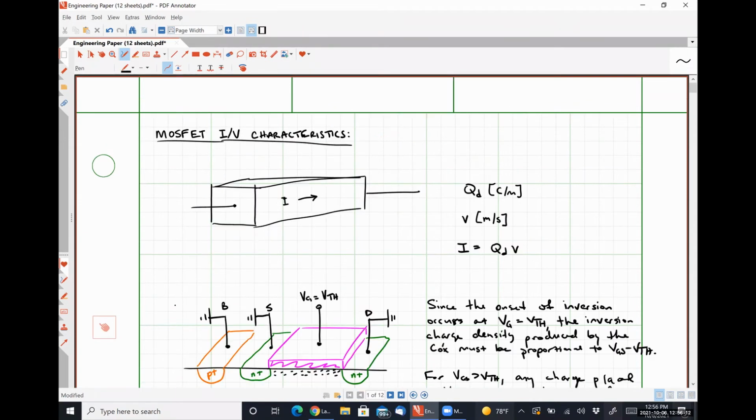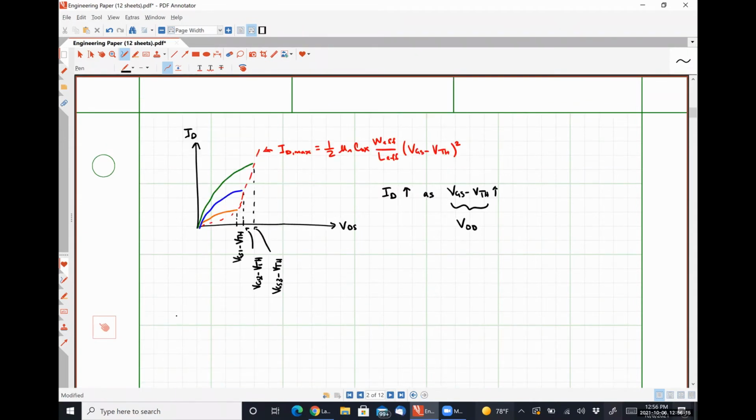So when VDS is less than or equal to VGS minus VTH, we say that the transistor operates in the triode region.